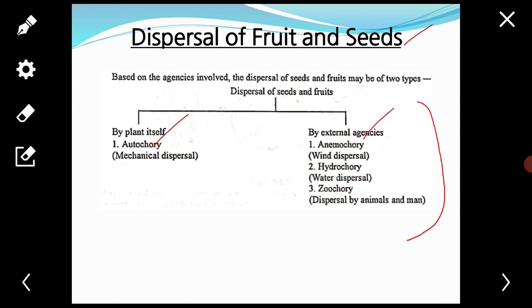Second, by external agencies. Under this, there are three types: anemochory, by the help of the air or wind. Second, hydrochory, by the help of the water. Third, zoochory, that is dispersal by help of the animals and man.